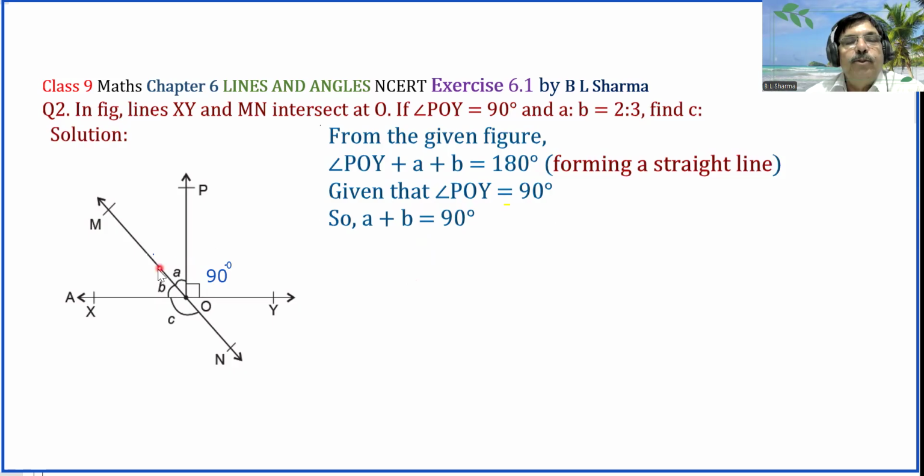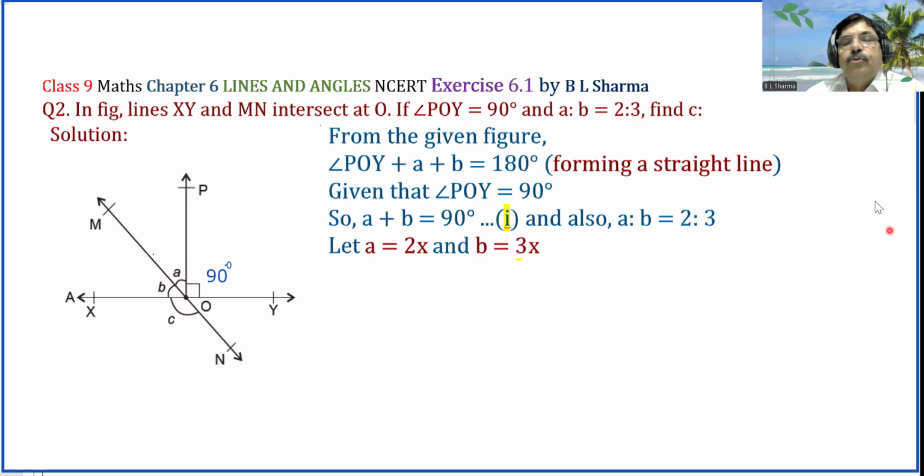The sum of A and B is 90 degrees, but it is given that the ratio of the two angles A to B is equal to 2:3. In such cases, when a ratio is given, what do we do? We multiply both with a variable. So we can write, let angle A be 2x and let angle B be 3x. Multiply 2 by x and 3 by x and put it here.